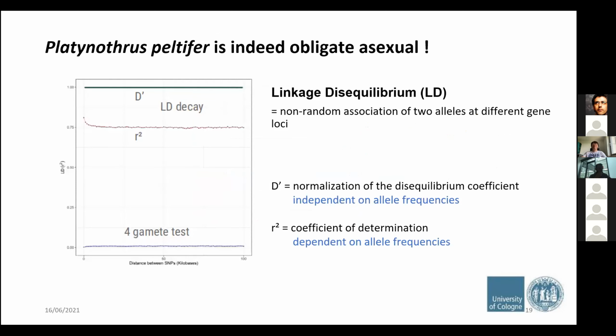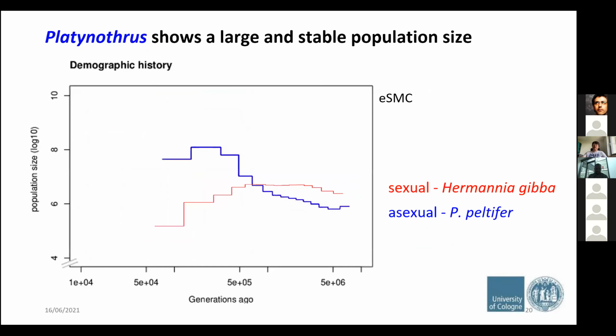And in the LD analysis of Platynothrus, we found that there is no recombination in Platynothrus. So our Platynothrus is indeed an obligate asexual species. And the four-gamete test also provided a similar result for us. So our mite is asexual.